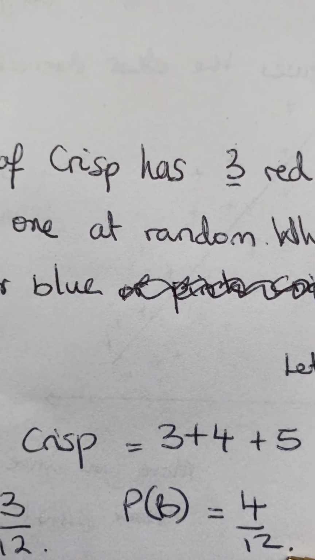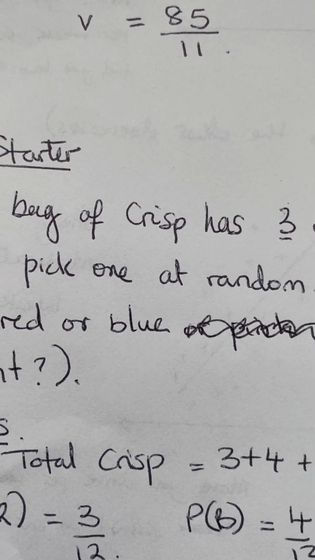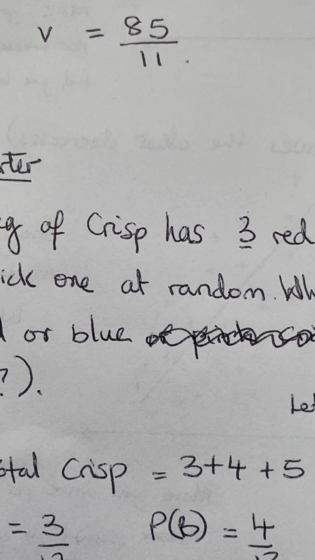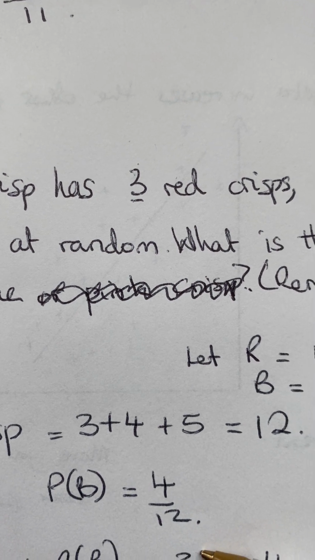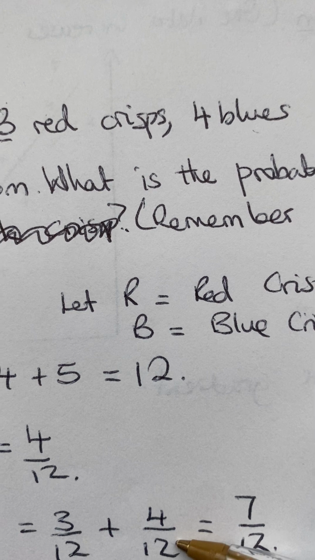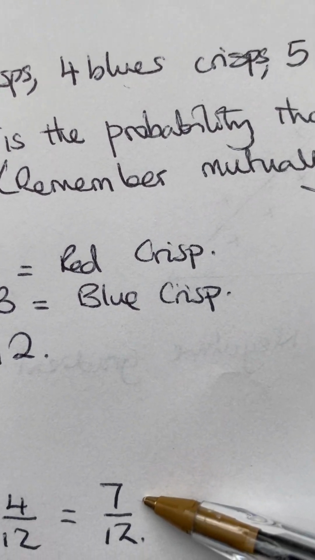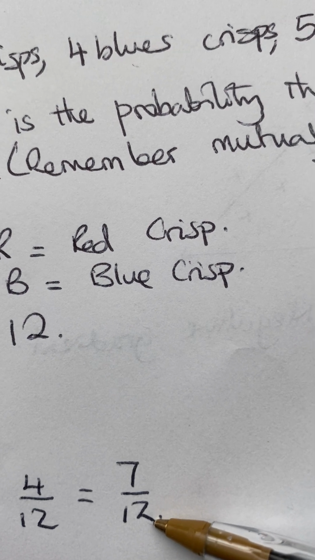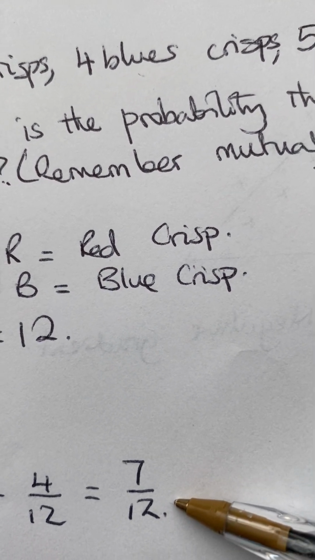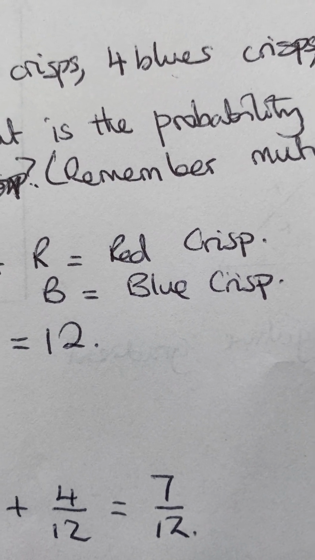So the probability of picking a red or a blue crepe is 3 divided by 12 plus 4 divided by 12, which is 7 divided by 12. We can't reduce this any further, so we'll leave our answer as that.